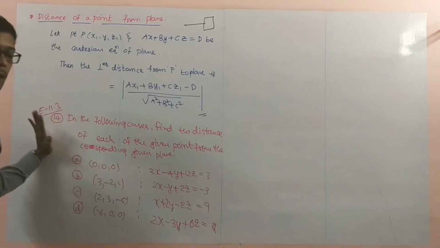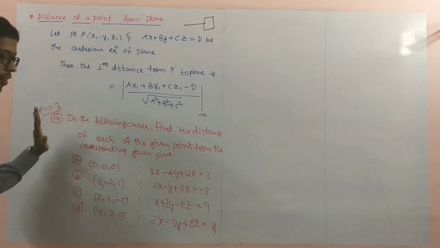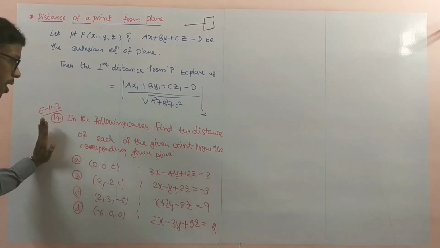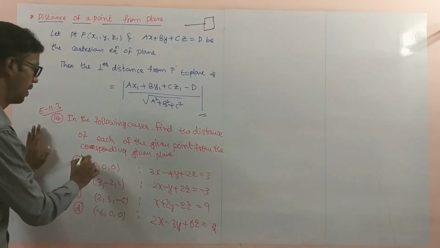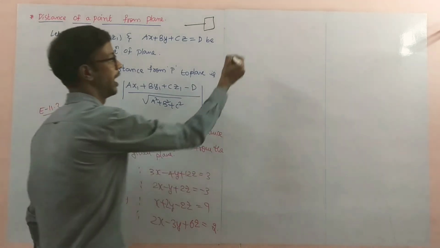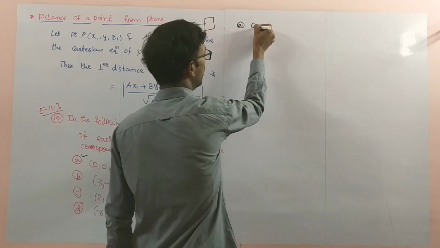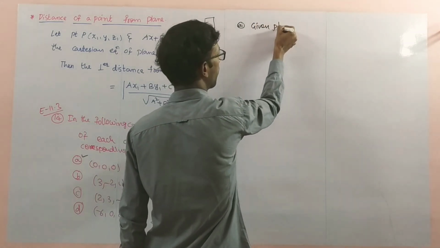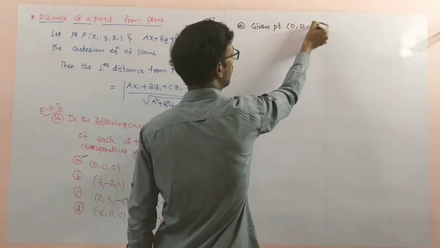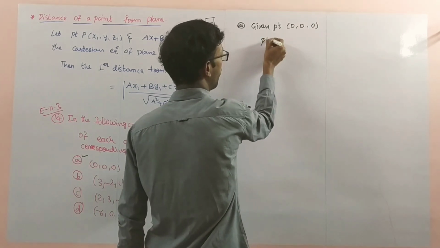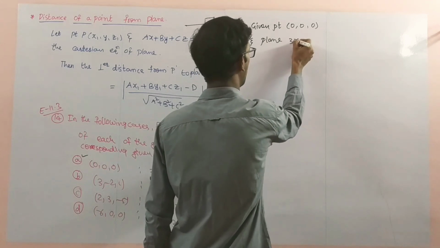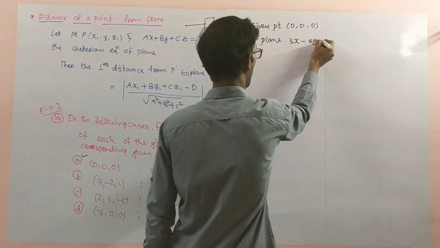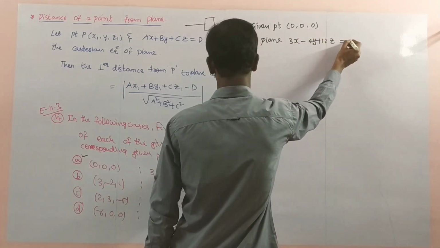So based upon this formula, one exercise problem is there. Problem number 14. Here 4 problems are there. One problem I'll explain here. Problem number A. Given point 0, 0, 0. Plane 3x minus 4y plus 12z equal to 3.